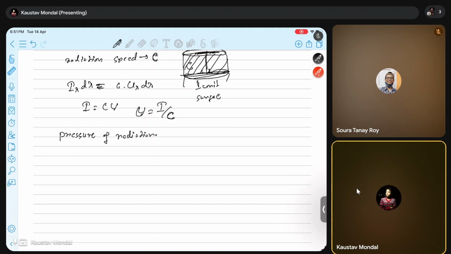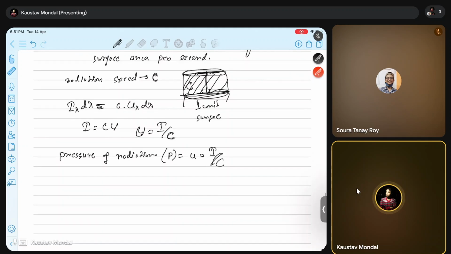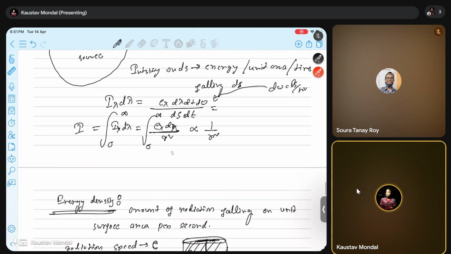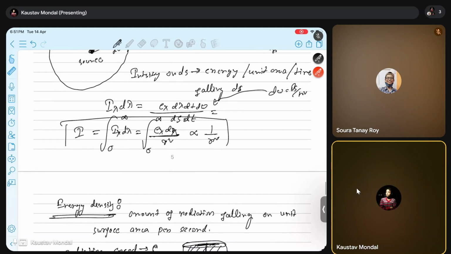So the pressure of radiation is also equal to u, equal to I by c. These are the formulas: radiation energy density is this, radiation pressure is this, and this is the intensity of the radiation.